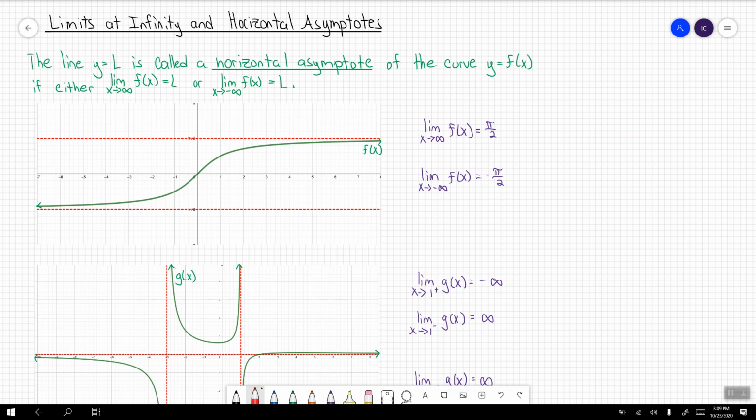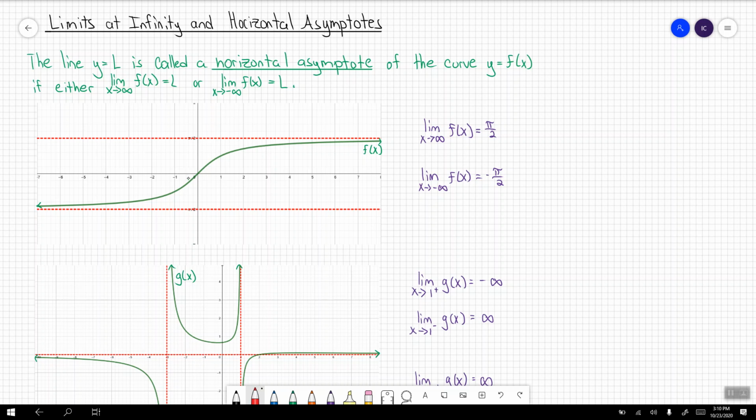In this particular instance, on the right-hand side of that graphic, the limit as x approaches infinity of f of x is equal to pi halves. That's because as your x values get larger and larger, approaching infinity, this function f of x just levels out to pi over 2.